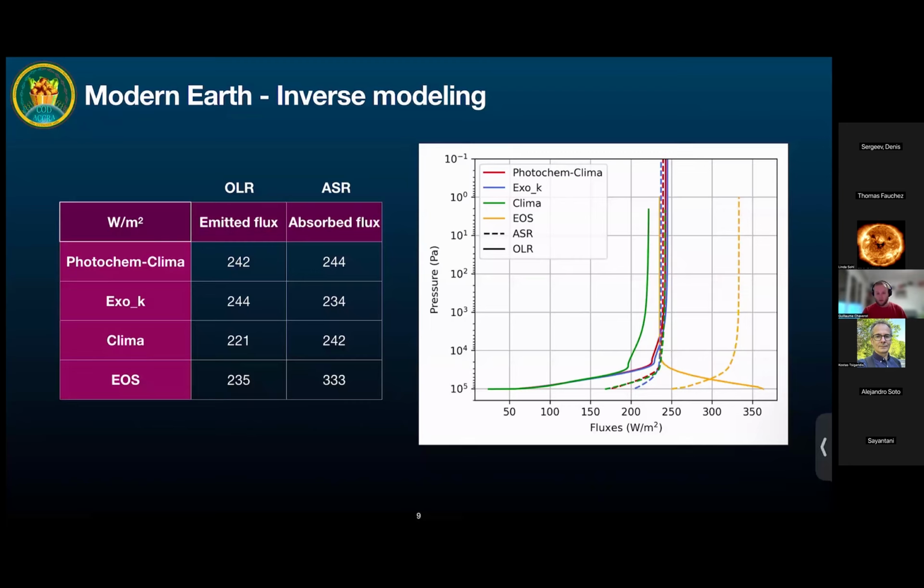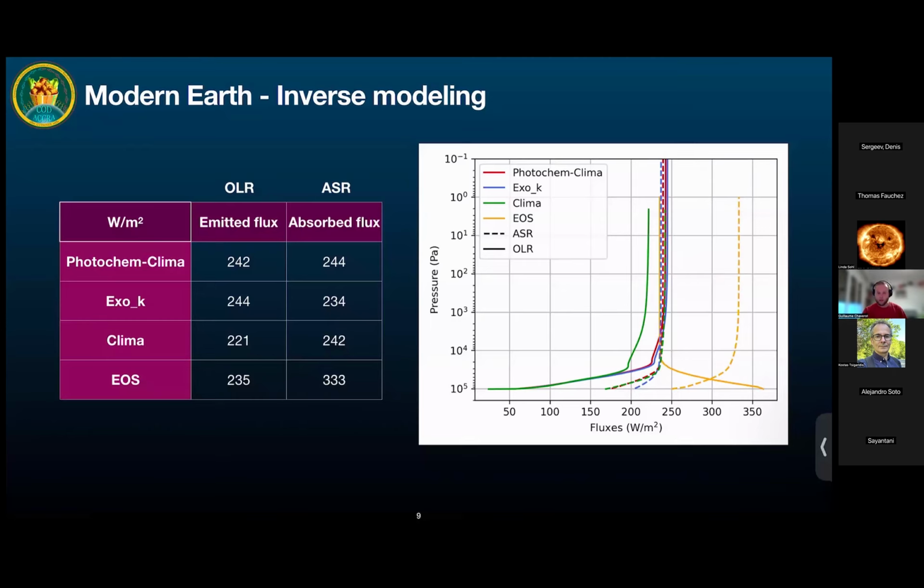We're pretty well in accordance. Just for EOS, there is a large difference in the ASR because we don't compute it exactly the same way. We are in discussion to solve this, and the final output should be quite the same as the others.